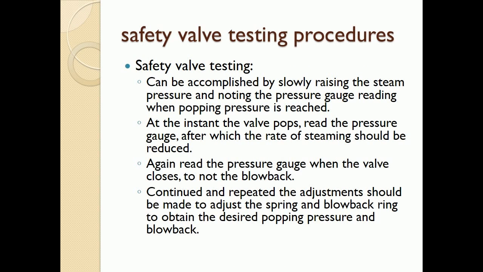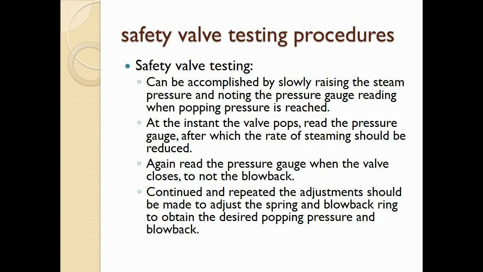What are safety valve testing procedures? Safety valve testing: 1. Can be accomplished by slowly raising the steam pressure and noting the pressure gauge reading when popping pressure is reached. 2.